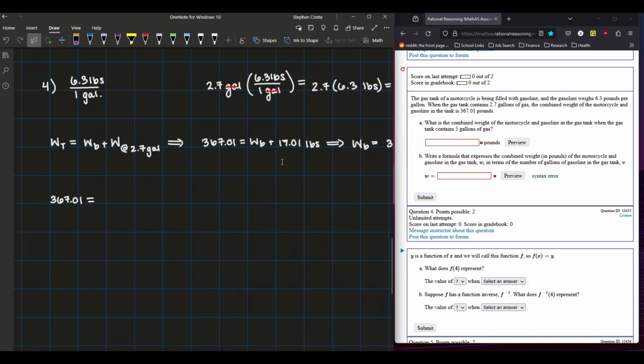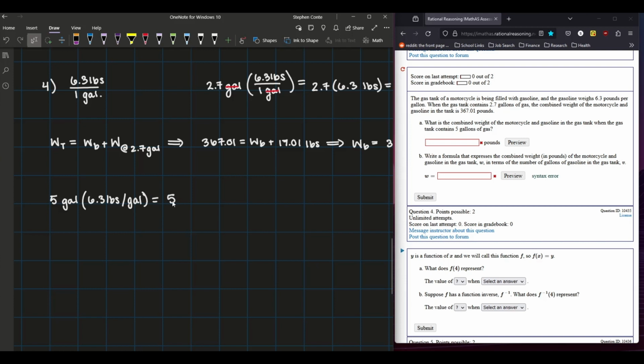Okay. A wants to know what? A wants to know the combined weight when the gas tank contains 5 gallons of gas, right? Okay, well, 5 gallons of gas times 6.3 pounds per gallon. Gallons will cancel out again, right?